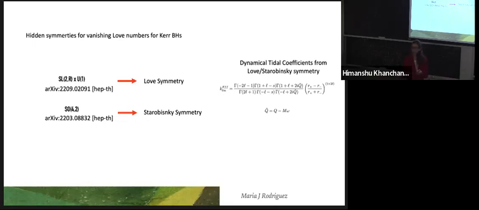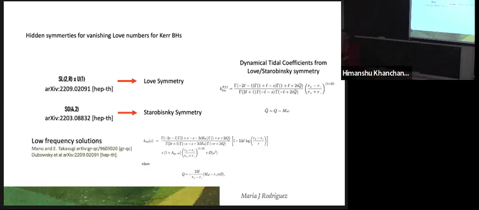In those regimes, and this was done in a paper by Sergey and others, based on the older Mano-Takasugi paper, one can compute the Love numbers for small omega frequencies.